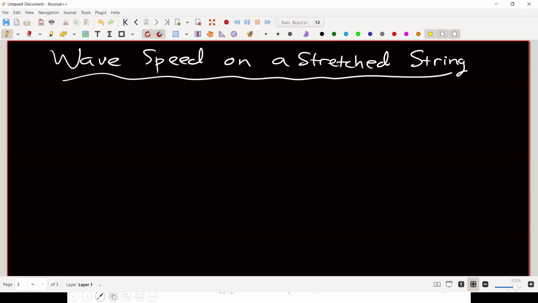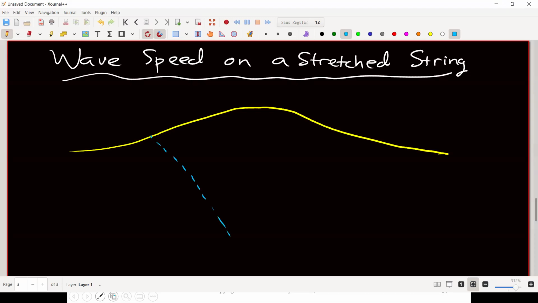Okay, imagine if we have a string. In this case, there is a tension, and the angle theta, and then this one is r.